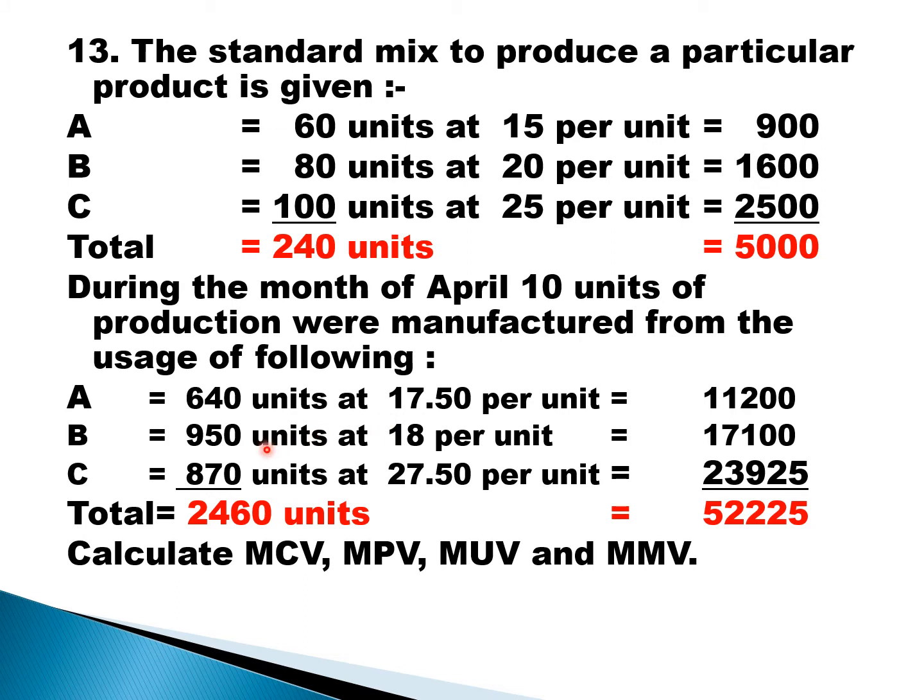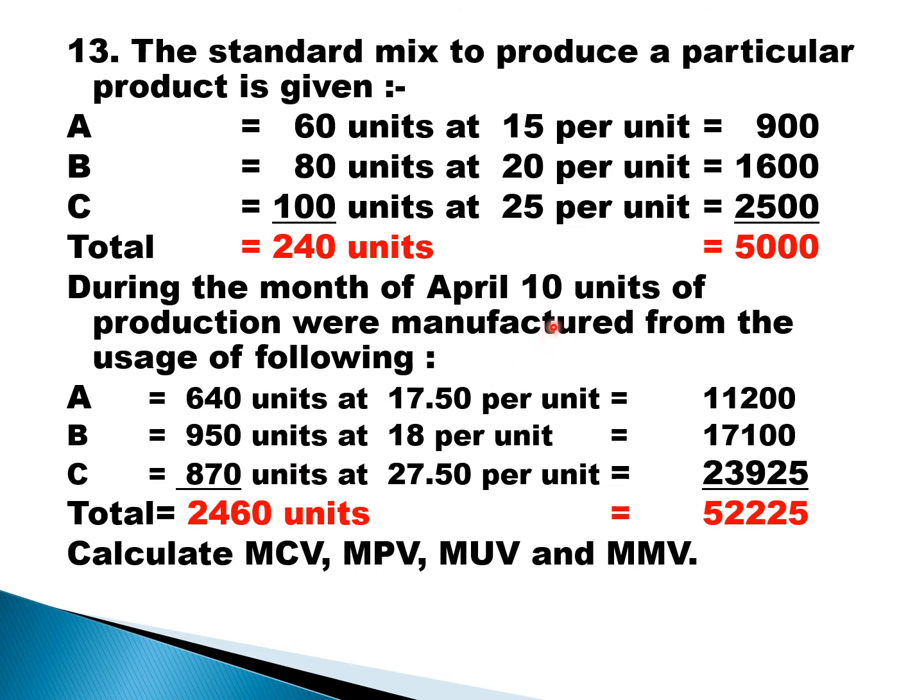B: 950 units at 18 rupees per unit. C: 870 units at 27 rupees 50 paise. So 17.5, 18 and 27.5 is called AP. 640 units, 950 units, 870 units is called AQ.